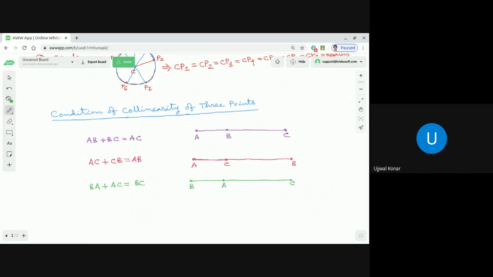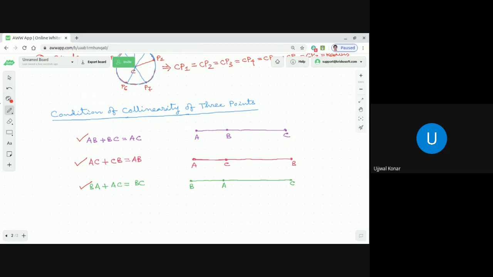But if you arbitrarily take the coordinates of the points A, B, C, then you will find that any of these 3 conditions, either this or this or this, is going to hold true. So this is all about the theory required as far as the distance formula is concerned.